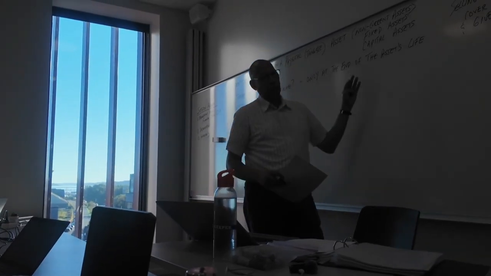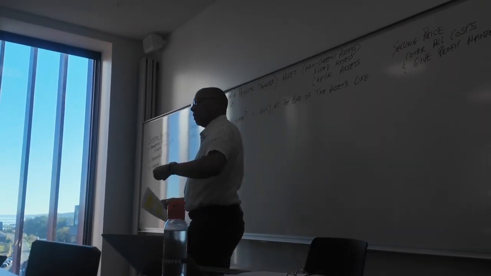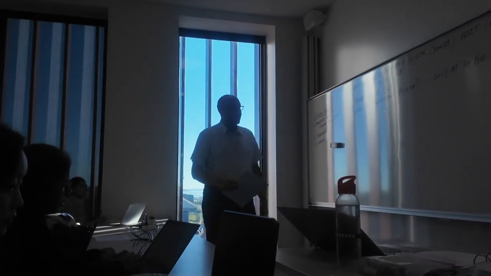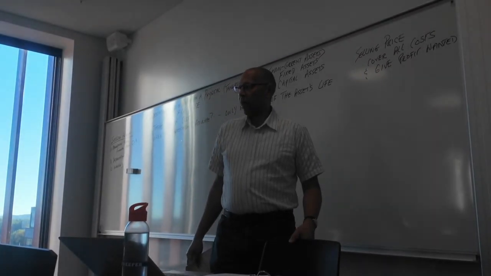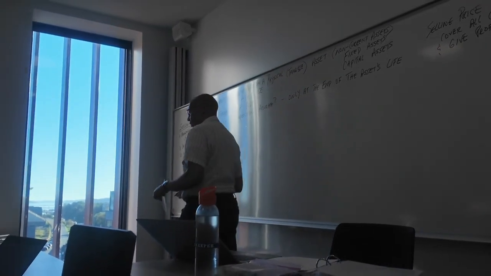So everything prior to that, in the end of the asset's life, when we get rid of the asset, stop using the asset, right? We terminate the asset. That's the only time. Because oftentimes we'll buy an asset and say, we're going to use this for 4 years, right? That's our plan. I'm going to buy this car, and every 4 years I'm going to get a new car.